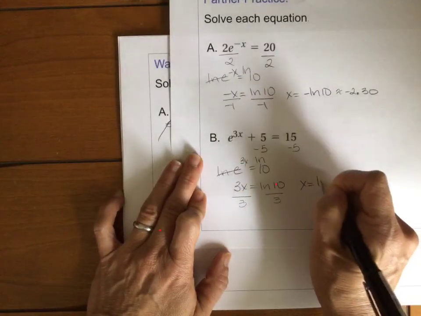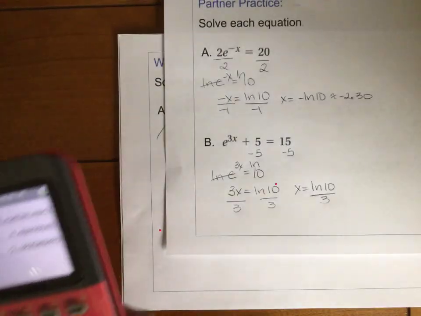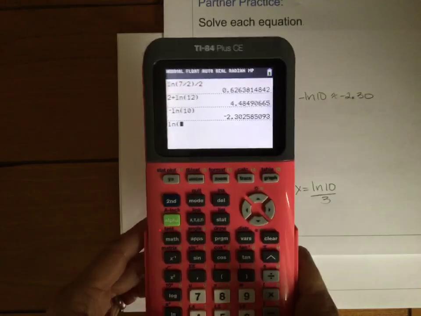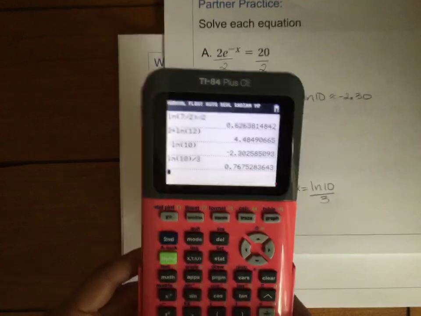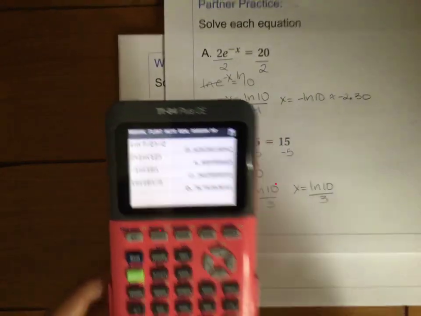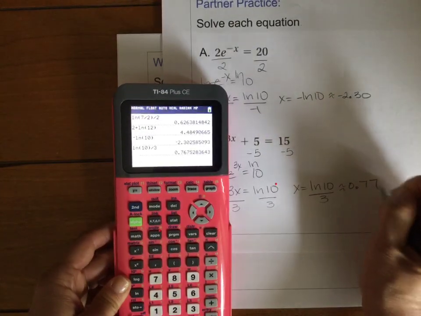So x equals natural log of 10 over 3. And that's going to be natural log 10 divided by 3 is about 0.767 or about 0.77. So approximately 0.77.